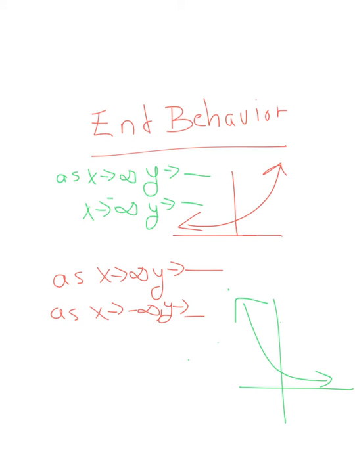Now what I would like to talk about is the end behavior. The end behavior, if you remember, is as x approaches positive infinity, what is y doing? That is asking on this side of the graph, where is my graph pointing? It is pointing up to positive infinity.